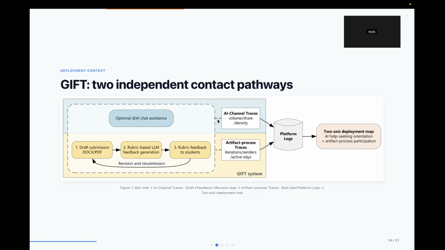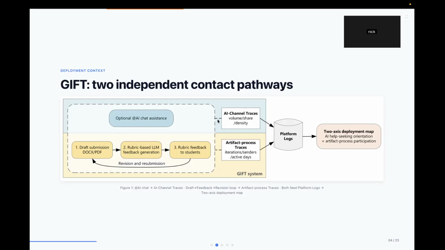Basically, students can use the system to enhance their group projects. For the yellow part, students are expected to submit their group report draft to the system in either DOCX or PDF format, and then a specialized LLM system will give the student group feedback.